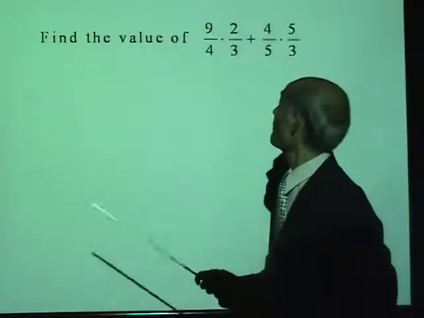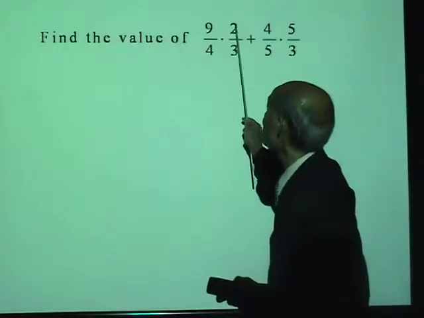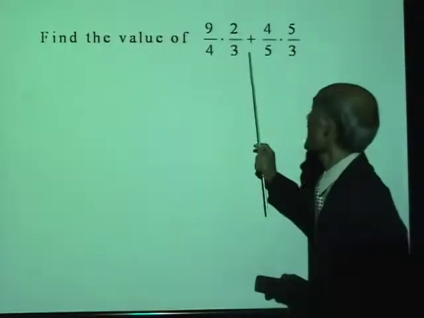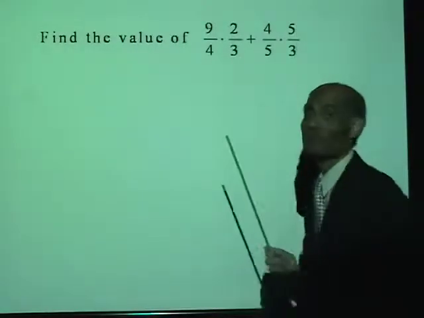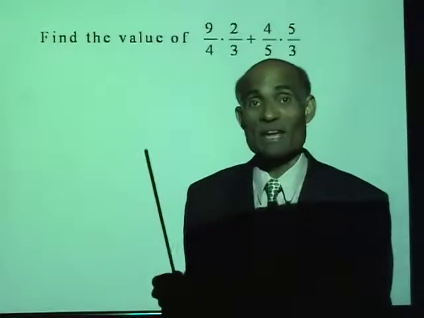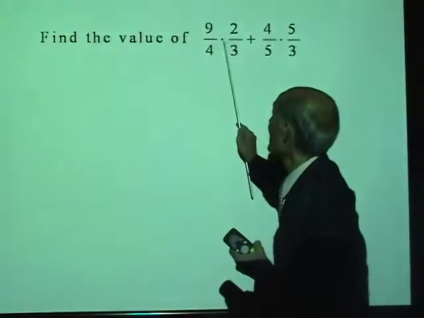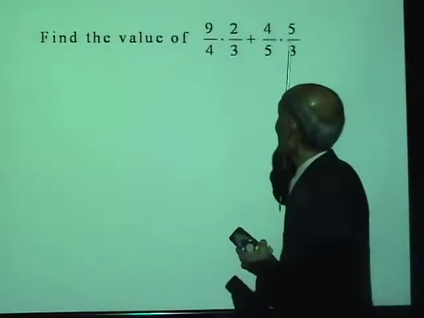Okay, another one. Find the value of 9 over 4 times 2 over 3 plus 4 over 5 times 5 over 3. Alright, what are the operations you have here? You have a multiplication, an addition, and a multiplication.